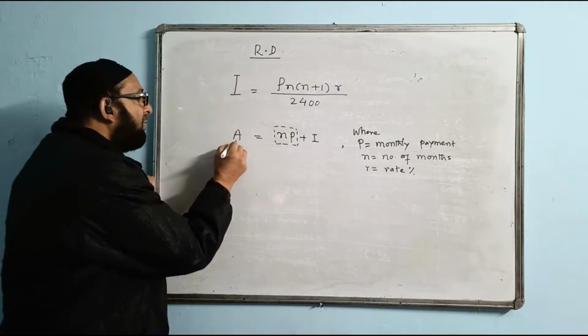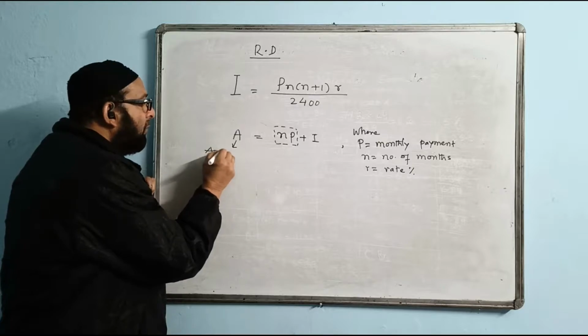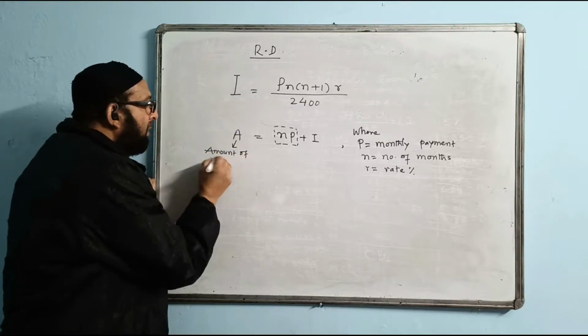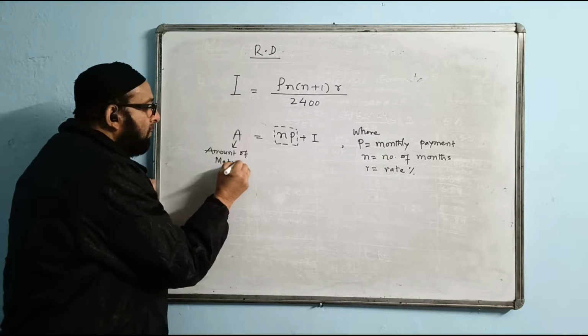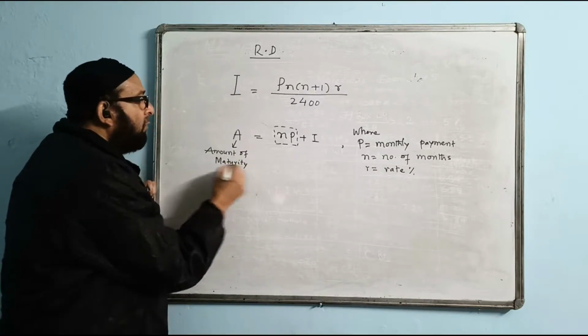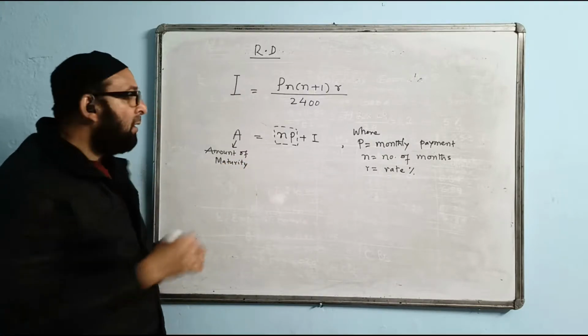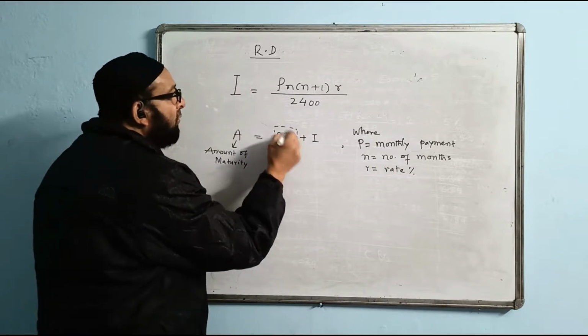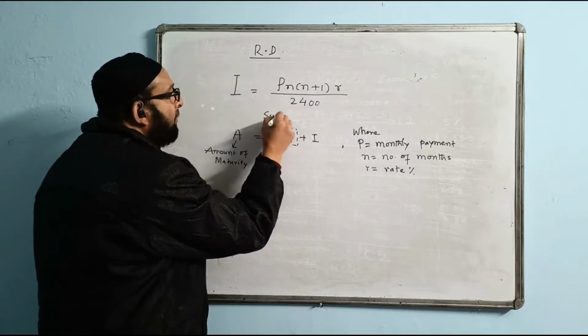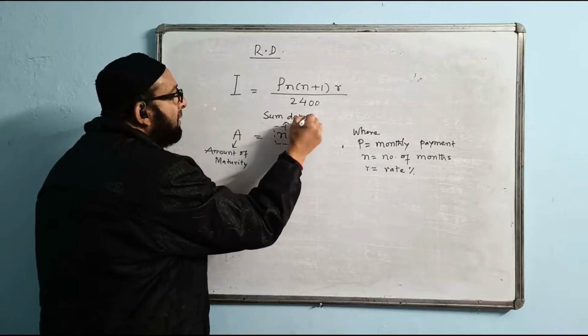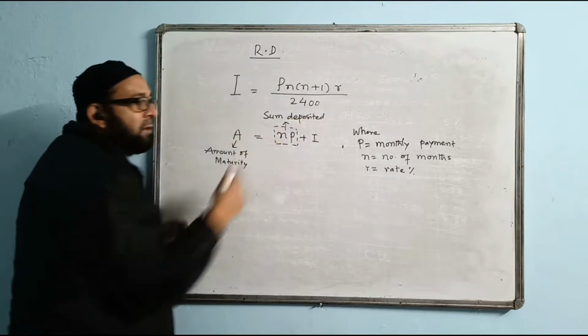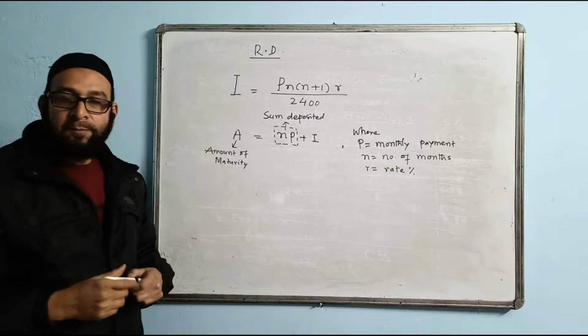A stands for maturity value or amount of maturity. This nP as a whole is the sum deposited. Total sum deposited, total actual money deposited.